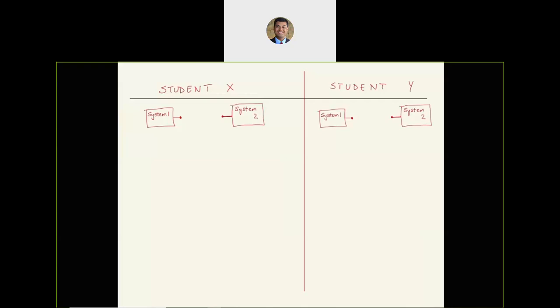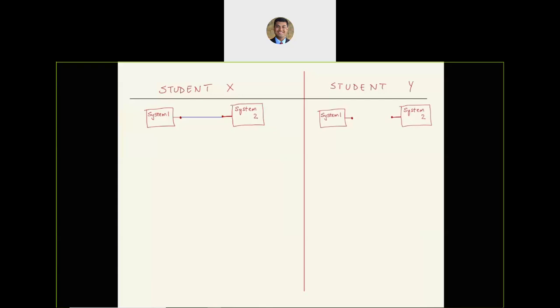So student X's approach is very simple. Student X says, you know what, because the output of system 1 just needs to equal the input of system 2, I'm just going to connect them by a wire. So just by using a wire, student X connects them together.